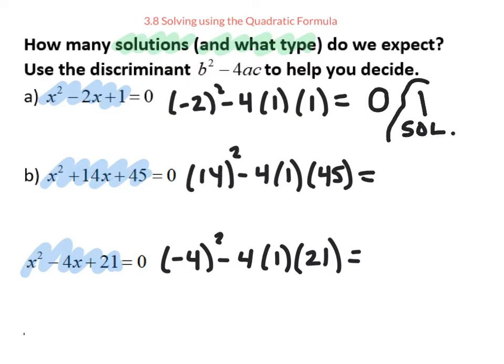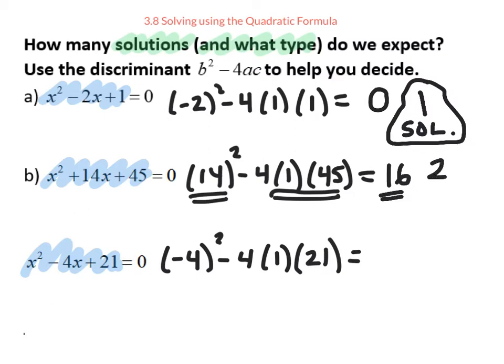So we know that there is one real solution. Basically, it is a pairing of the same value, but it's a singular number. The next one, we get 14 squared, and we subtract this value, and out comes the number 16. Because that's positive, there will be two solutions, because you'll have the plus and the minus version of that discriminant.